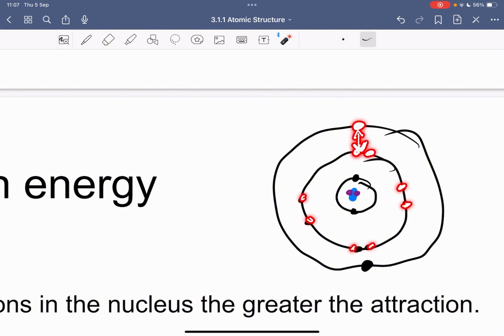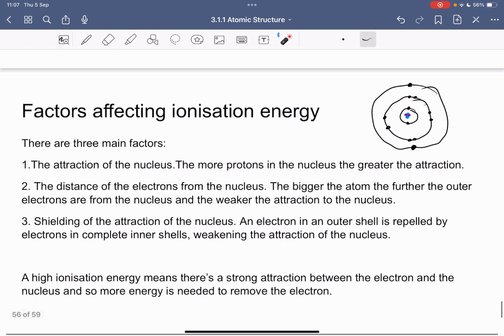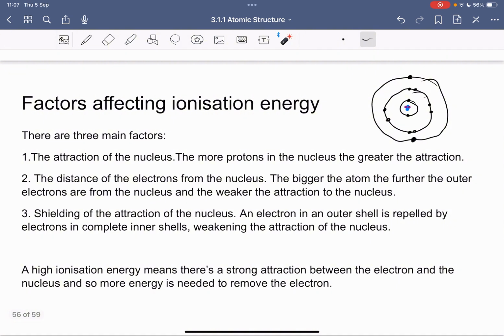So these inner electrons have an effect called shielding, which is just that repulsion force, making it easier to remove this electron. So the more shielding there is, the weaker the force is, and the easier it is to remove that electron. A high ionization energy means there is a strong attraction between the electron and the nucleus, and so more energy is needed to remove the electron.